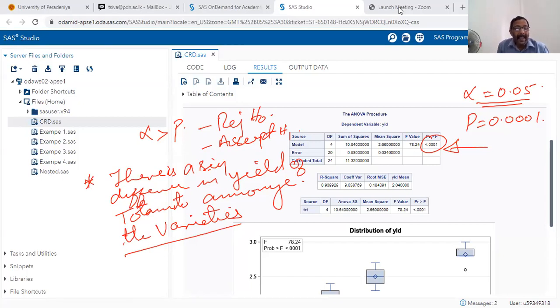You can't say here there's a significant difference among treatments. We have to tell what the treatments are, right? In application, we don't call it treatment. So we come up with the real name of the treatments, so that we can say it like that. Okay, right.